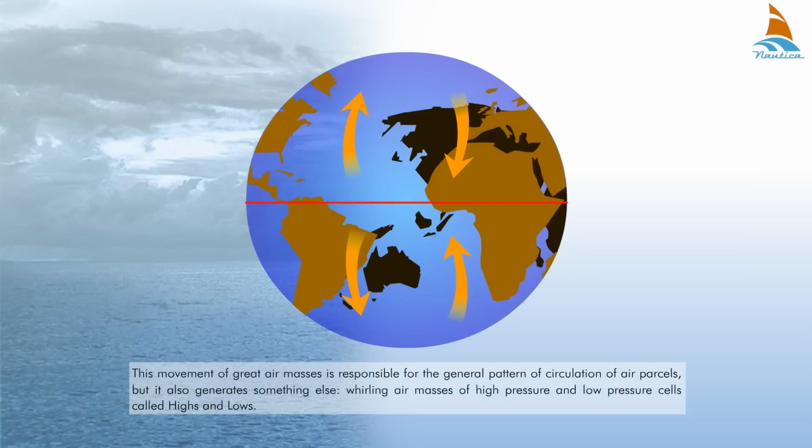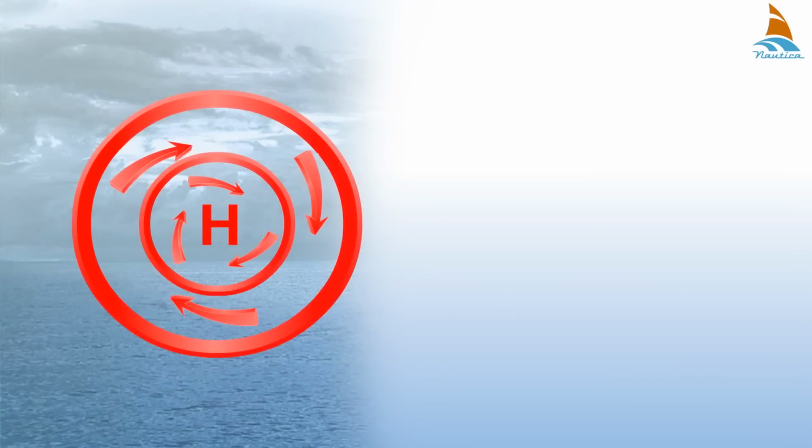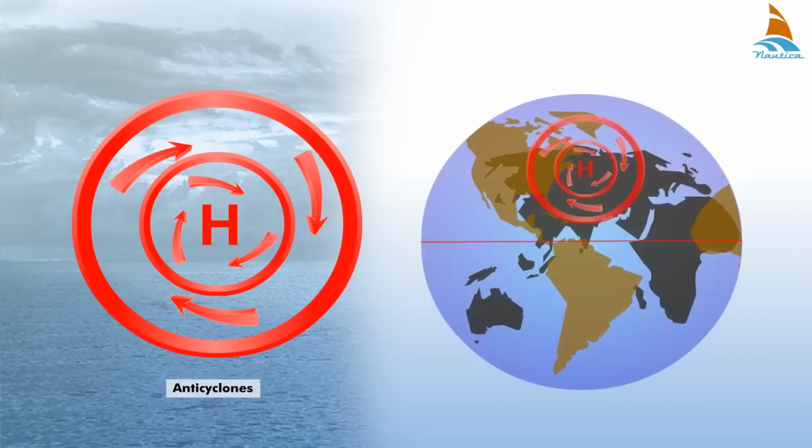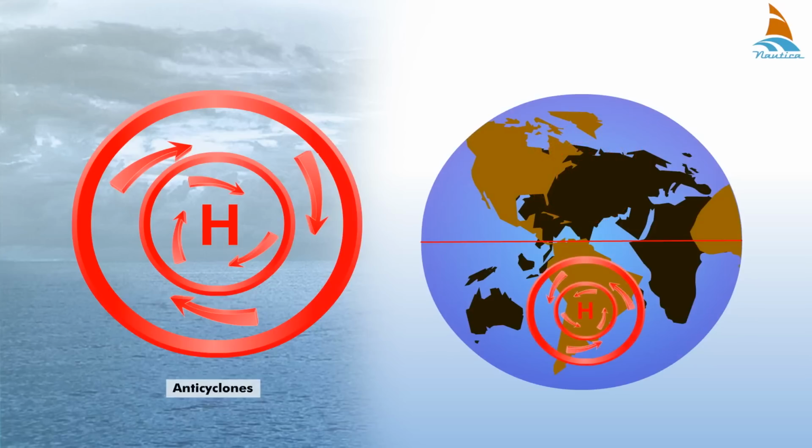But it also generates something else: whirling air masses of high pressure and low pressure cells called highs and lows. Highs are also called anticyclones. In the northern hemisphere, winds blow clockwise around an anticyclone, and in the southern hemisphere, winds blow counterclockwise.